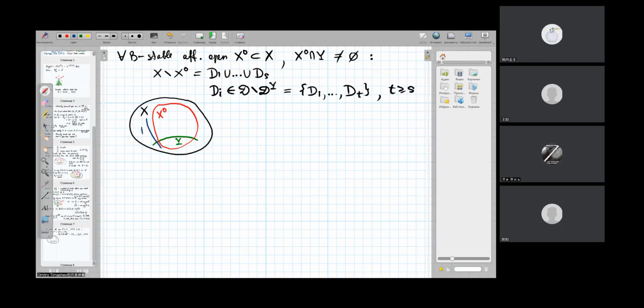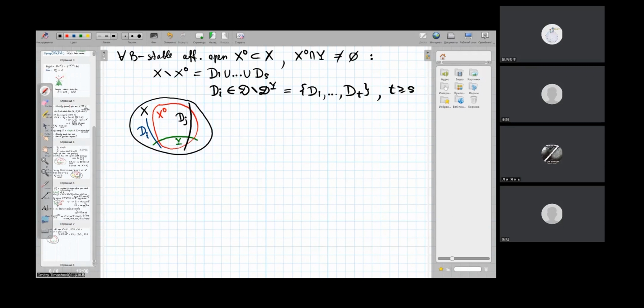Of course, they do not contain Y. But we also may have some other colors, DJ, with J greater than S, which may intersect this open subset.